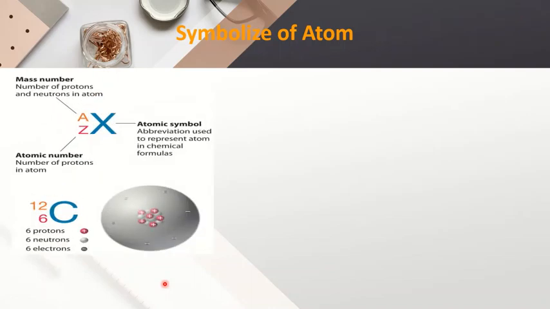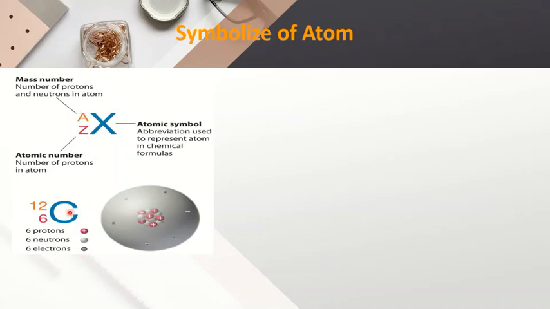Look, this is X, an unknown element, where Z is its atomic number and A is its mass number. So when you know the atomic number and mass number, you can write the symbol this way. Here, beside the symbol on the left side as subscript, you can write its atomic number, and as superscript, you can write its mass number.